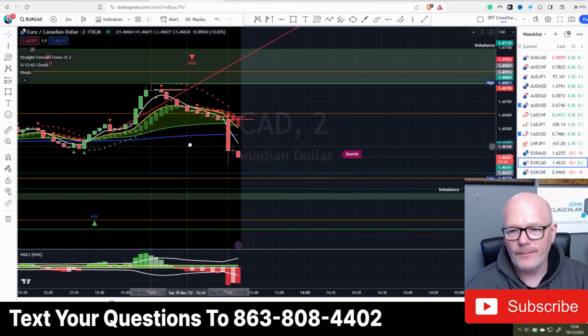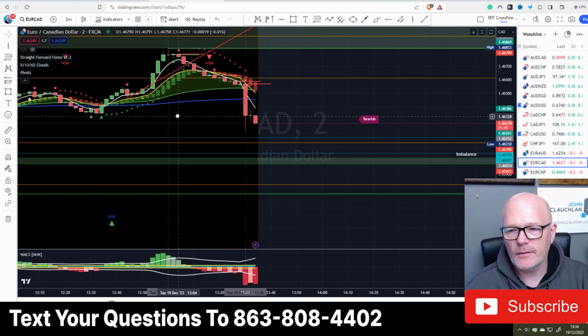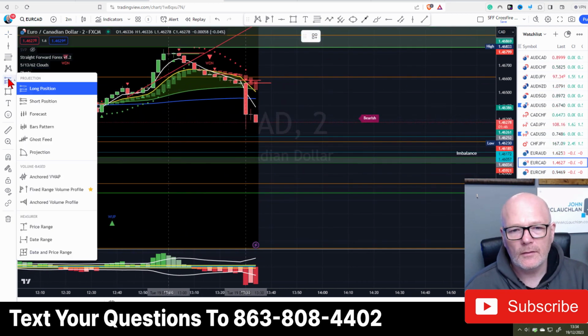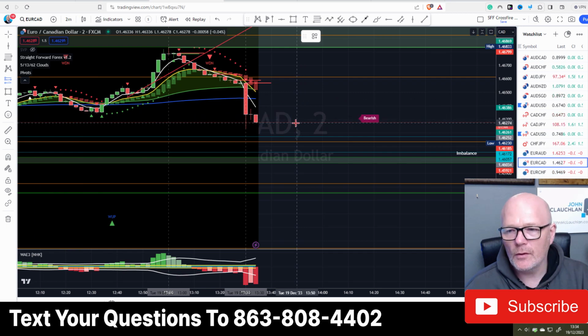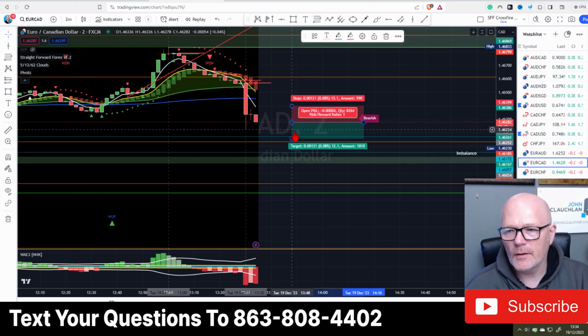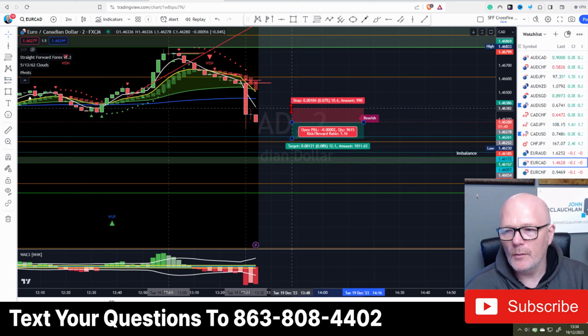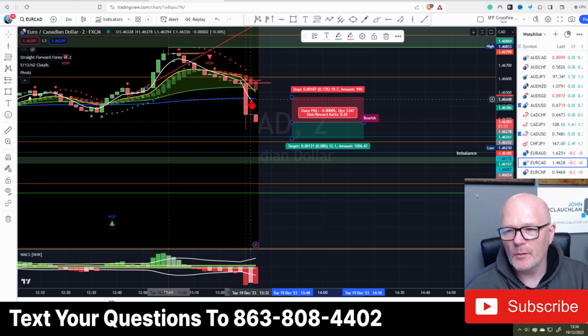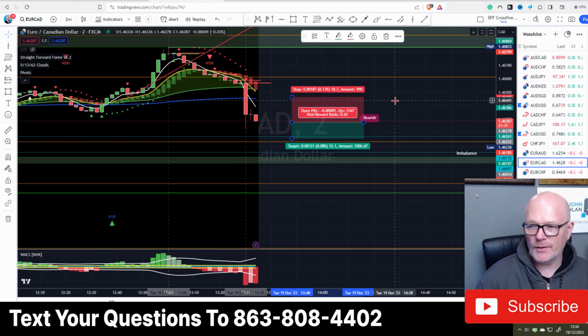However, if we were to short this, I would probably want to go to some significant level above the 200 moving average, which gives me an 18 pip stop loss, which is too much.